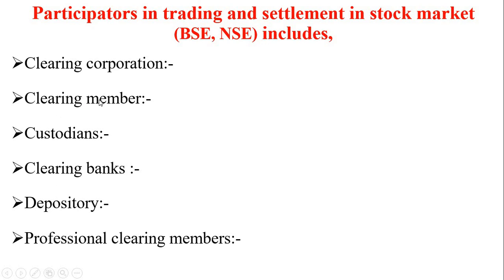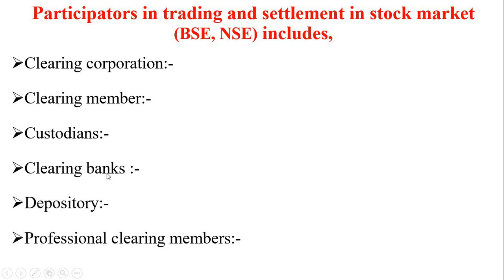After that, let us move to the clearing member. Clearing members are responsible for settling their obligations as determined by the clearing corporation. This is what clearing members are. The next one is the custodians. Custodians are clearing members, but very important, they are not trading members when the particular trade is assigned to them for settlement.